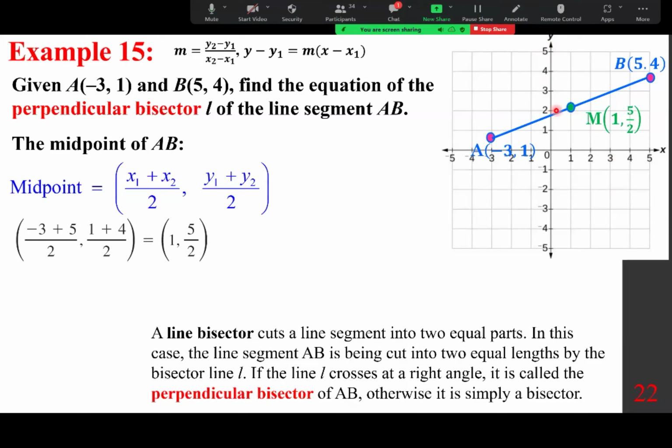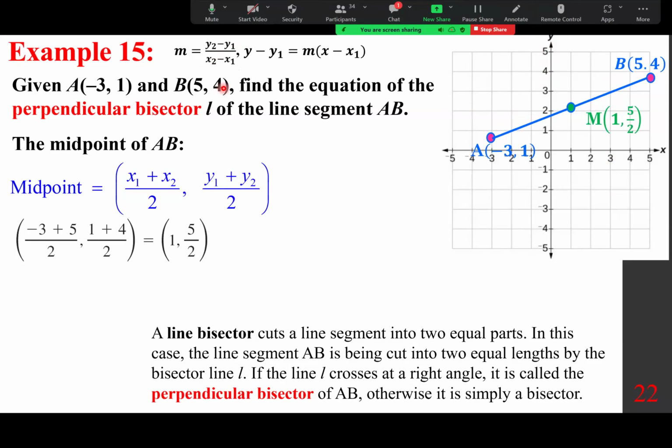Well, we can find the slope of AB, and because the bisector is perpendicular to that, we use the fact that their slopes are negative reciprocals. So for AB, the slope is y sub 2 minus y sub 1 over x sub 2 minus x sub 1.